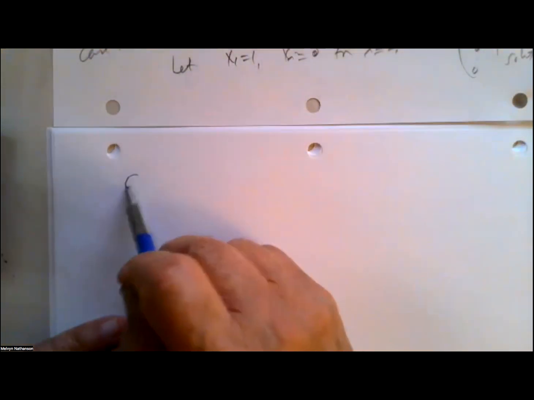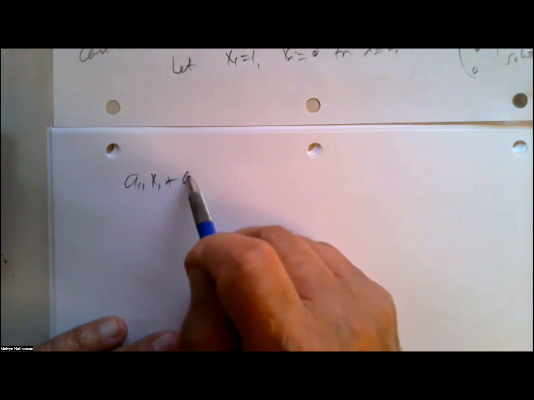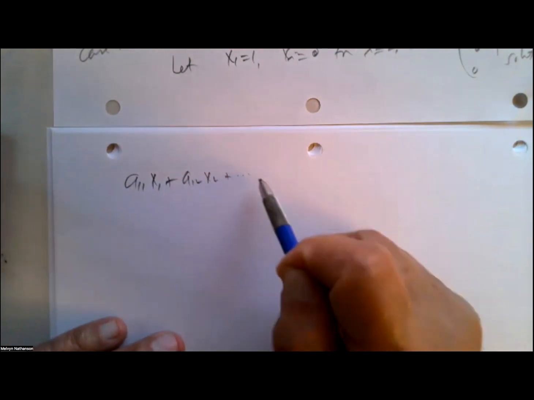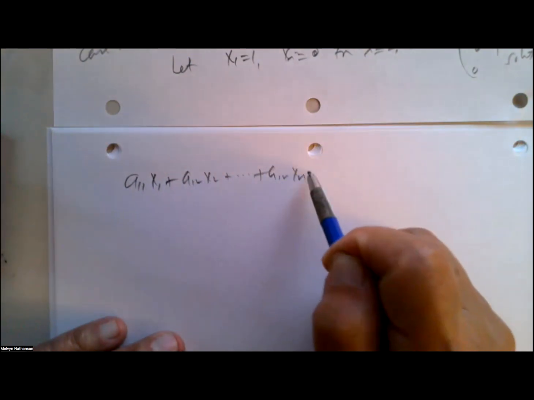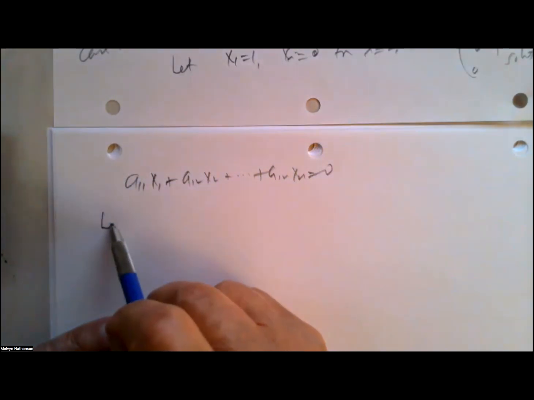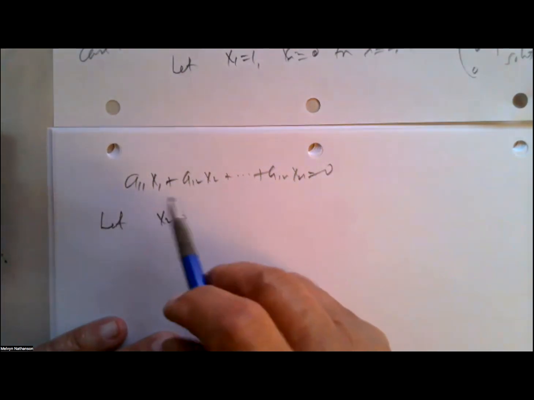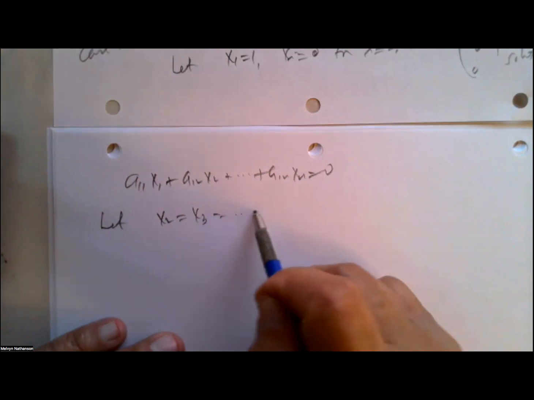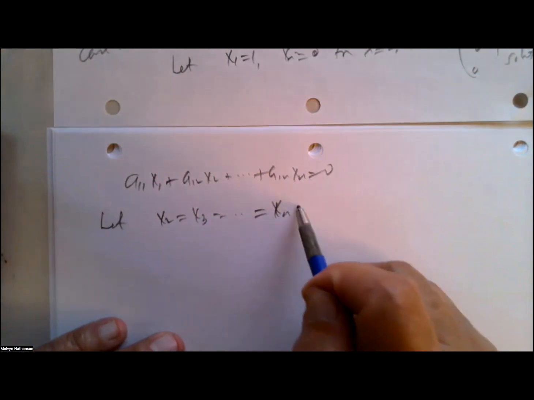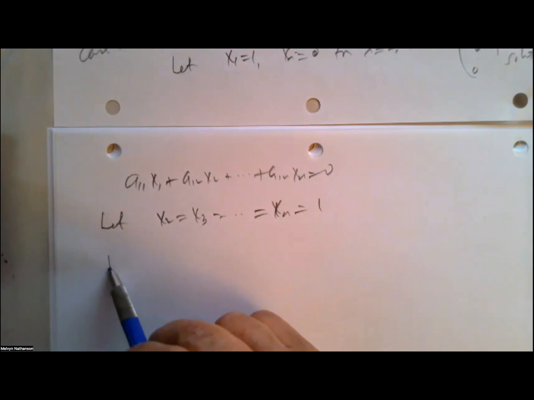But what about the case when A11 is not 0? Well, that's almost as simple. We have the equation A11 x1 plus A12 x2 up to A1n xn equals 0. Suppose I let all the x's except the first be equal to 1.